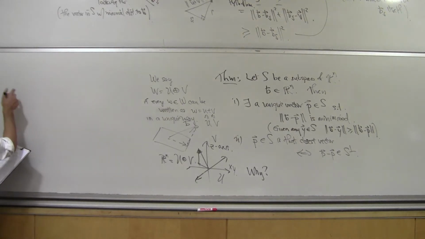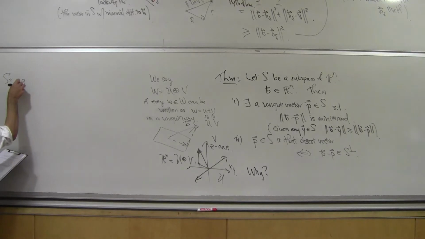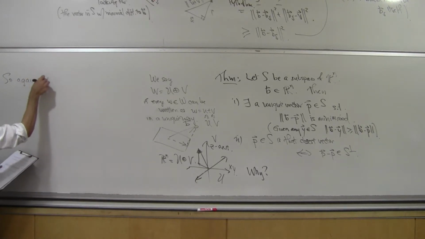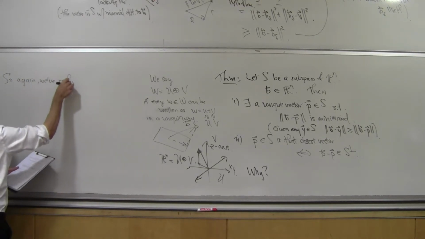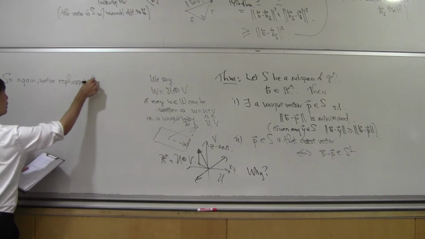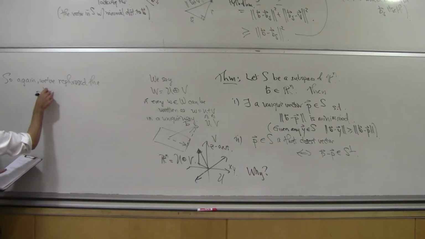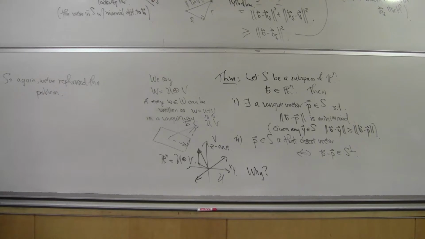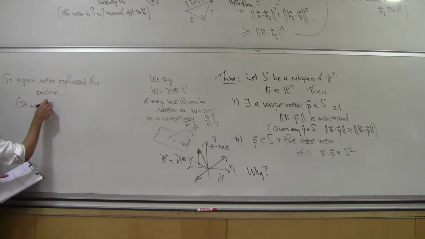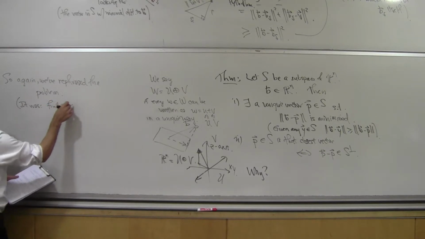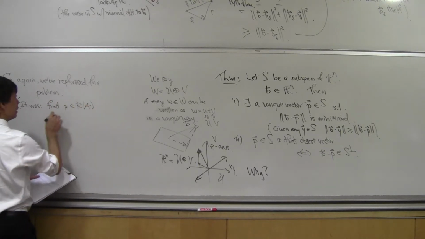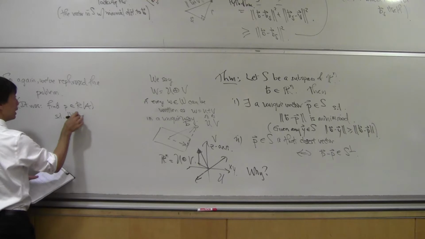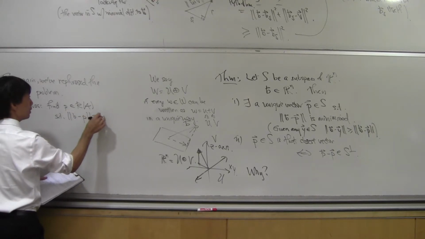Okay. So again, we've rephrased the problem. Remember what our problem was? Find P in the range of A such that B minus P is minimal.